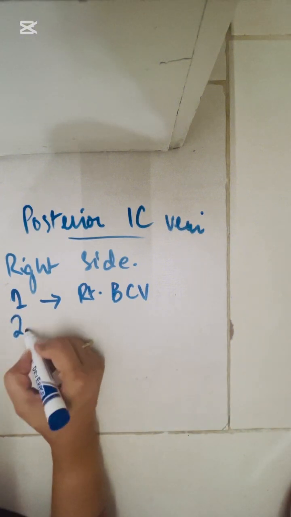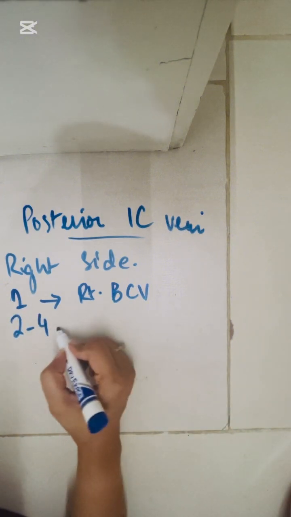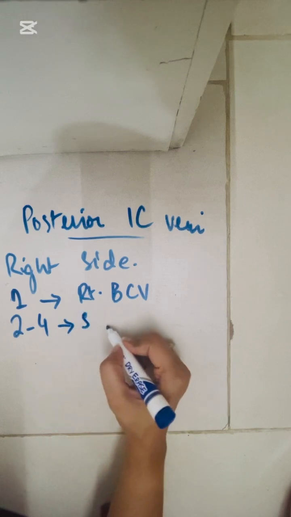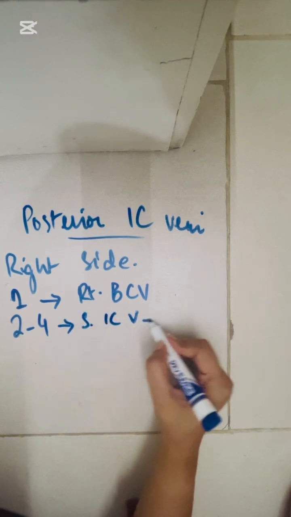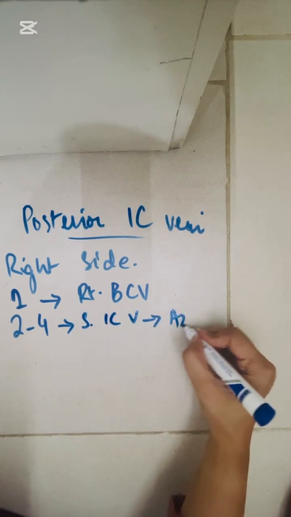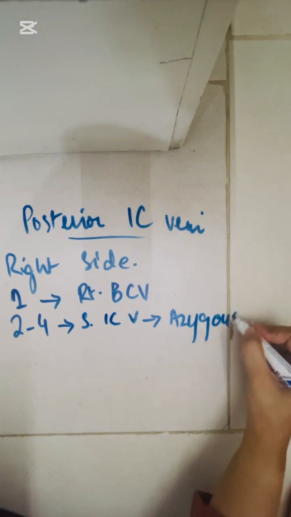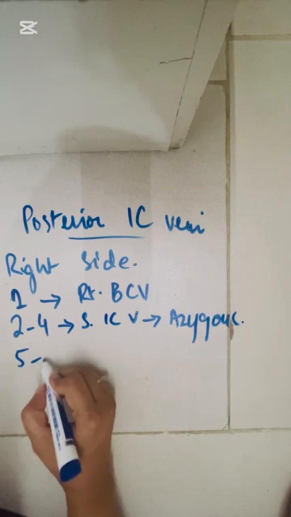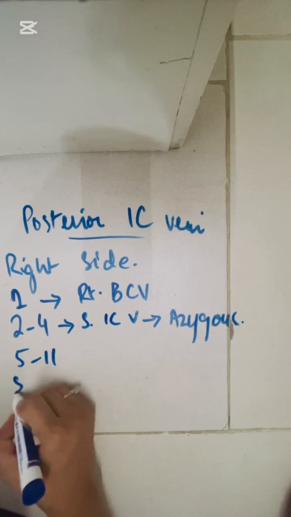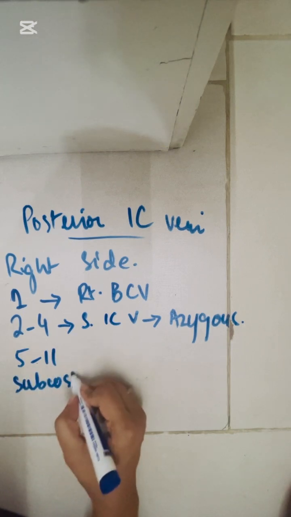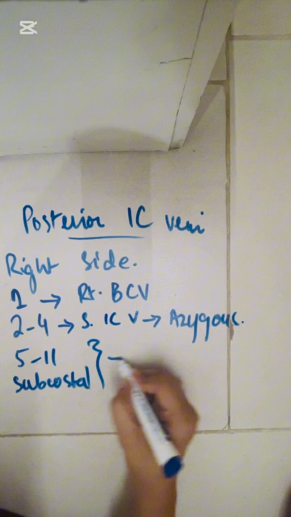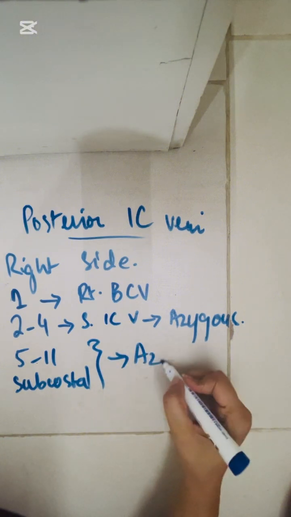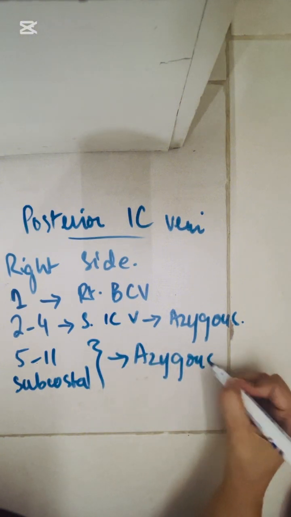Then 2 to 4 drain into the superior intercostal vein, which drains into the azygous vein. Then the remaining, from 5 to 11, plus the subcostal vein, drain directly into the azygous vein.